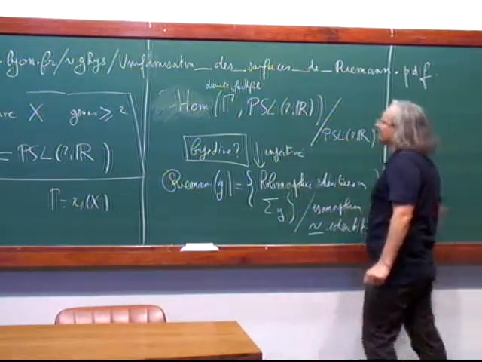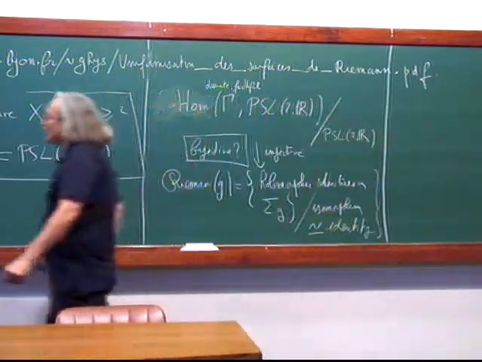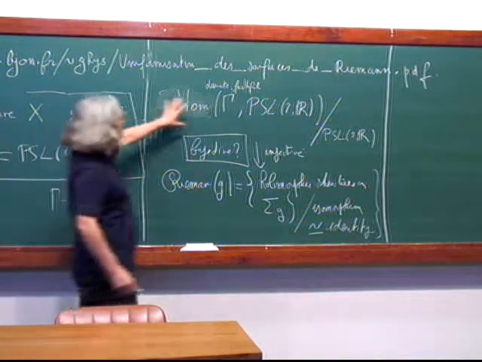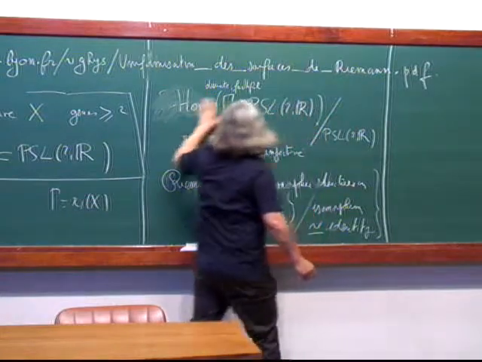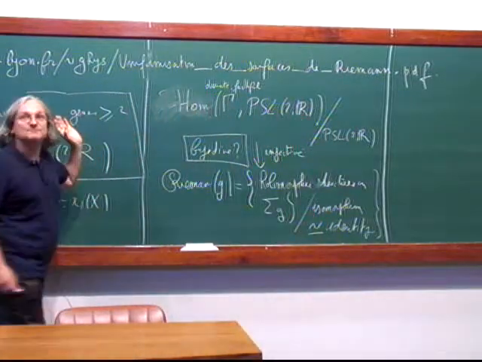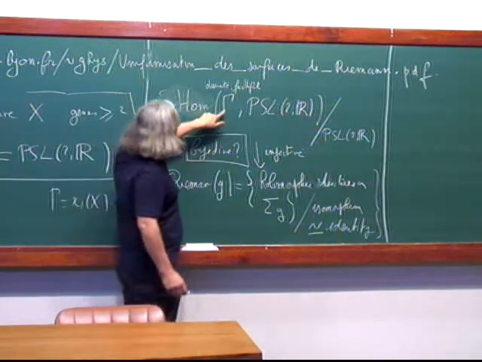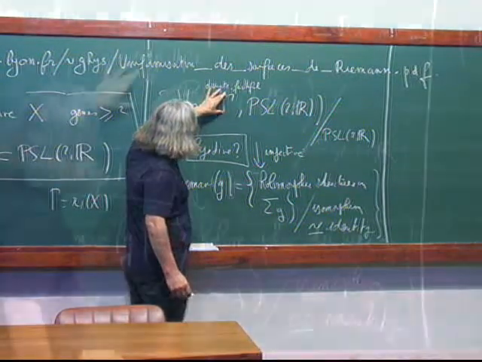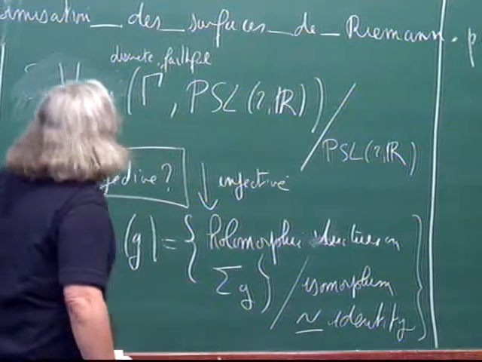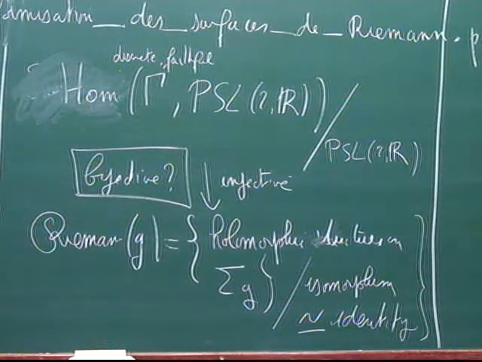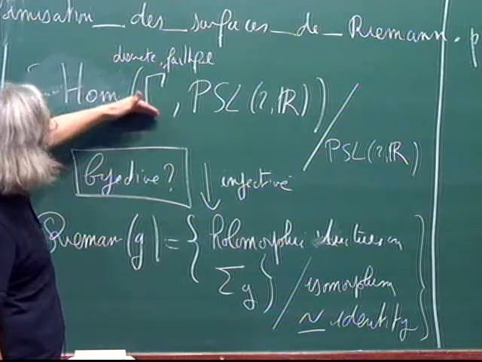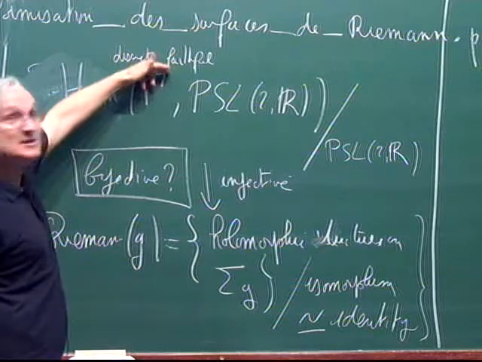So let me make a few observations now concerning this space. A priori, it could be an awful space. You're taking the space of representations of a given group in PSL2R. Okay, this might be understandable. But inside that space, you take a subset, those representations which are discrete and injective.